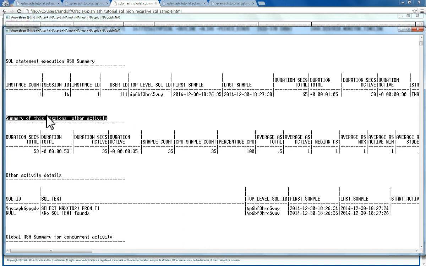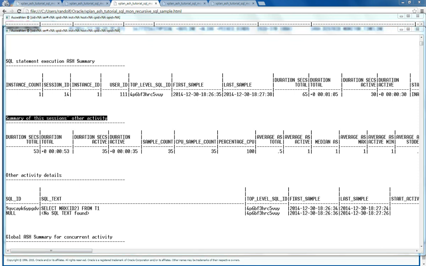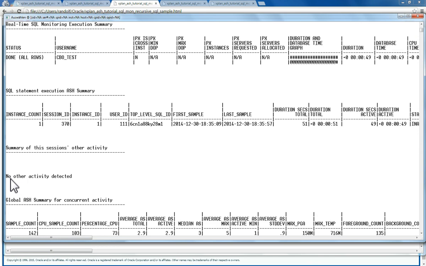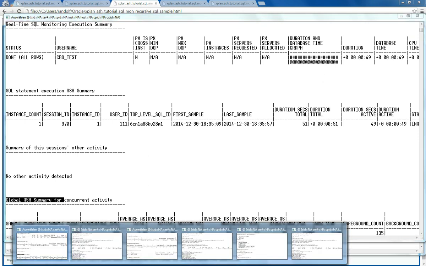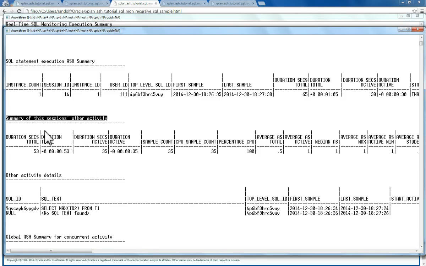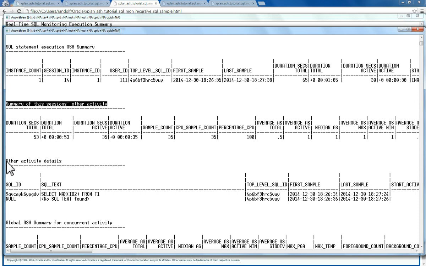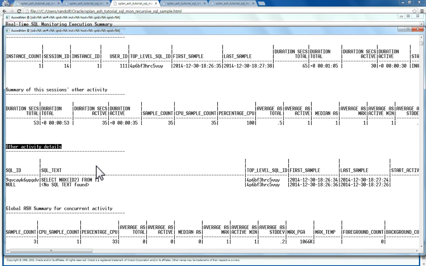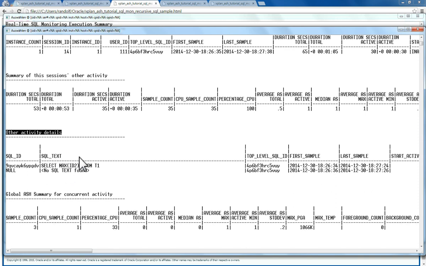If there is anything to tell about this other activity, if I just go back to this here, the next section following is the global ASH summary. If there is some other activity, then this other activity details section will show up, which will simply be missing in case there is no other activity, which makes sense because it wouldn't show anything anyway, so it can simply be skipped in that case.